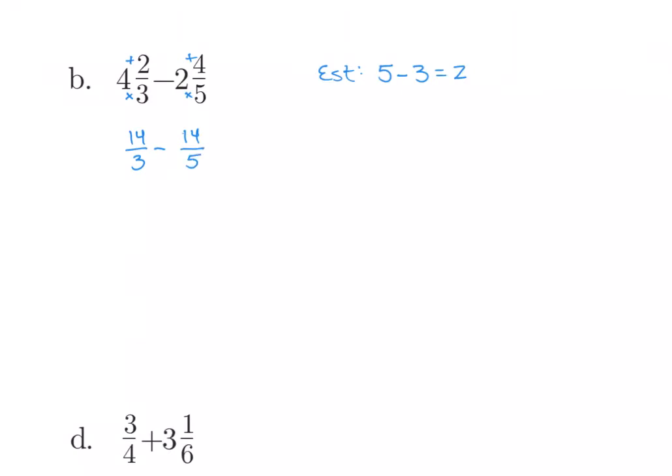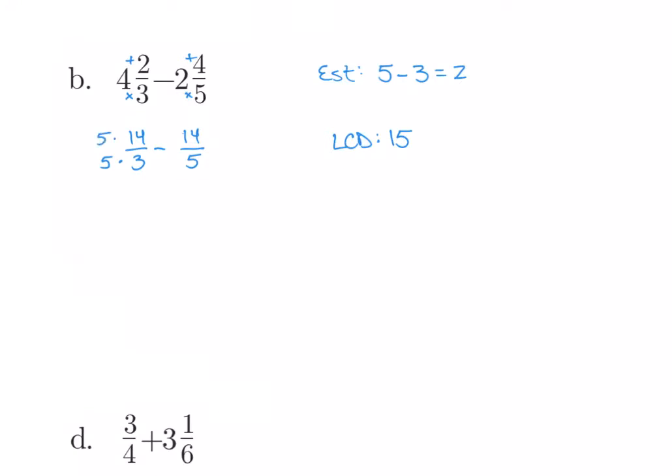My LCD, the smallest number divisible by 3 and 5 is 15. First fraction, to get from 3 to 15, we multiply by 5. We do the same thing to the top.